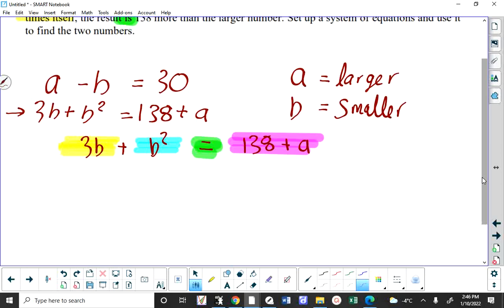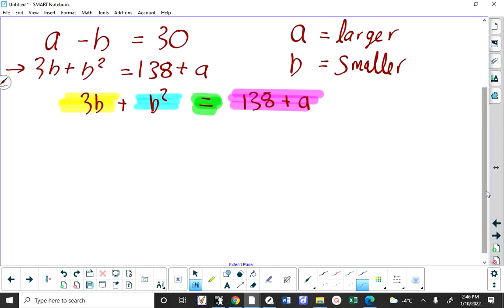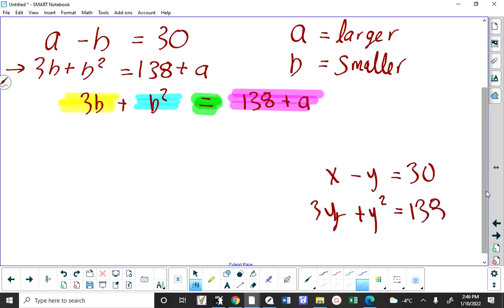And this is why I said don't choose x and y to begin with, because somebody could read this question and say, well, x minus y equals 30, and 3y plus y squared equals 138 plus x. You could do that. But then you're looking at the second equation going, oh no, now what? Am I going to plot x on the vertical axis? It causes all kinds of problems.